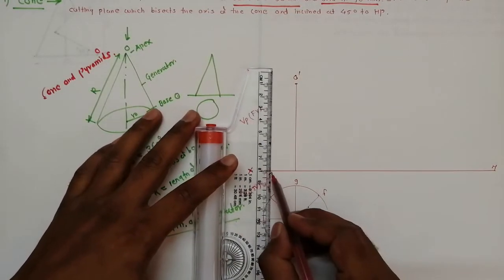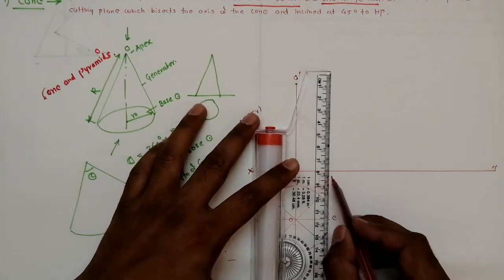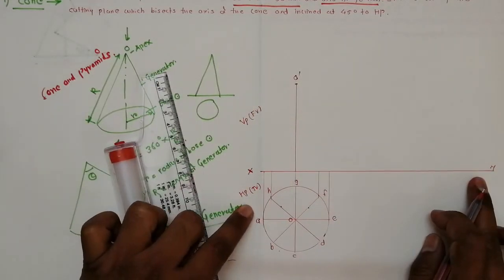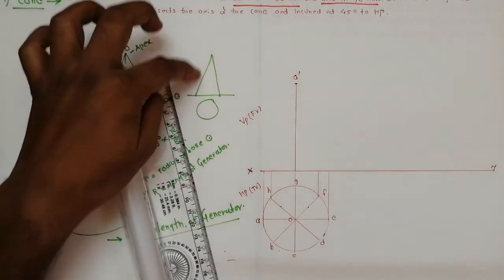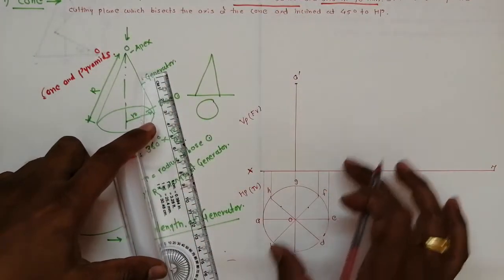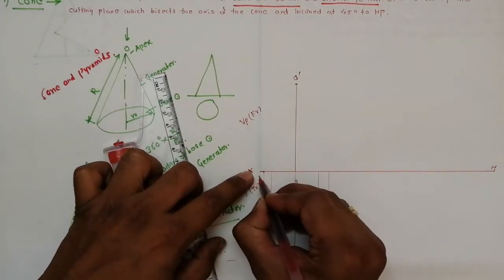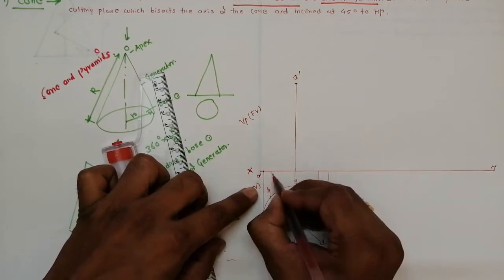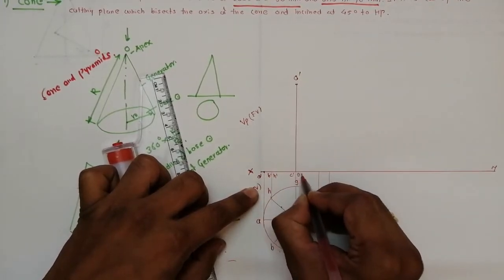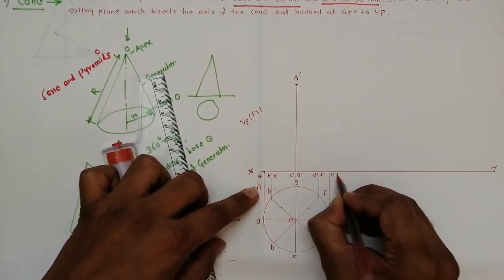In case of the cone and the pyramids, the projections come up only to the xy line. In case of prisms, we drew it upward also, because that front view is a rectangle, but in case of the cone and pyramids, the front view is a triangle. So all the projections come only up to the xy line. So this is A dash, this is B dash and H dash, this is C dash and G dash, this is D dash and F dash, this is E dash.